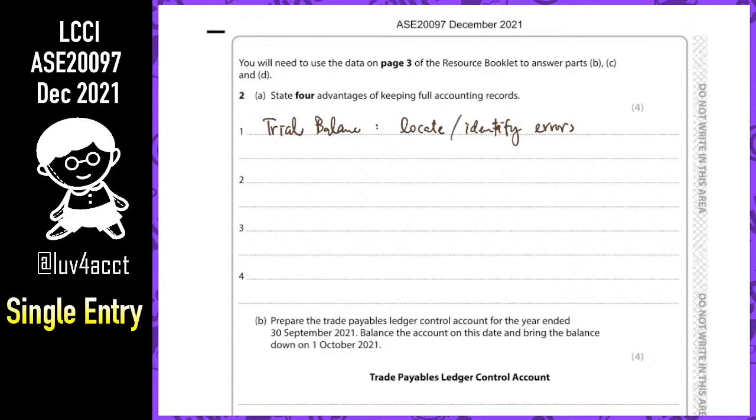Because of the double entry system, it enables you to have some control procedures. Trial balance is one type of control procedure. A control account is one type. Bank reconciliation is also one type, together with other control procedures you have during the double entry accounting records.